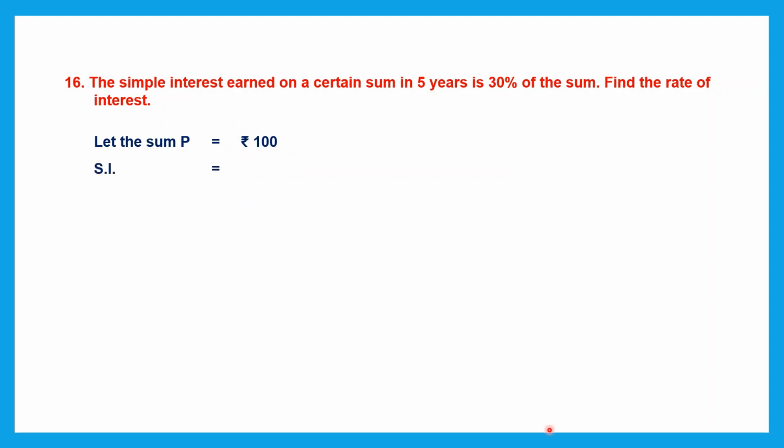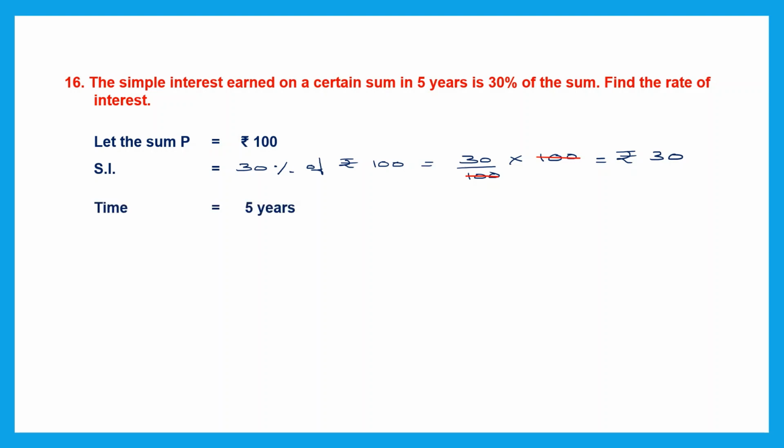Then simple interest is given as 30% of this, isn't it? So 30% of the sum, and the sum we said is 100 rupees. So this will be 30% means 30 by 100, of means into, and 100 we have. So now we can cancel this, and what do we get here? We only have 30. That means simple interest is 30 rupees.